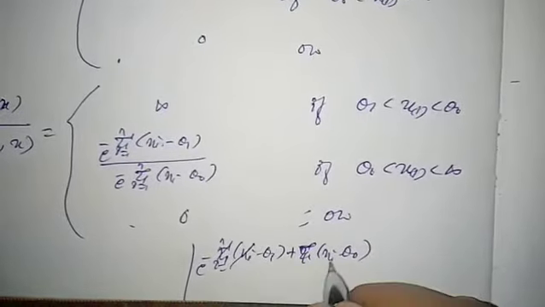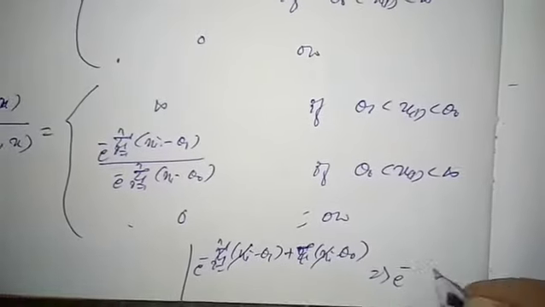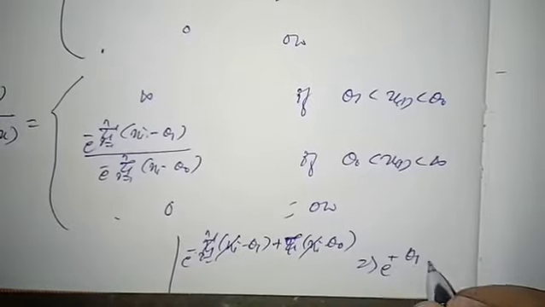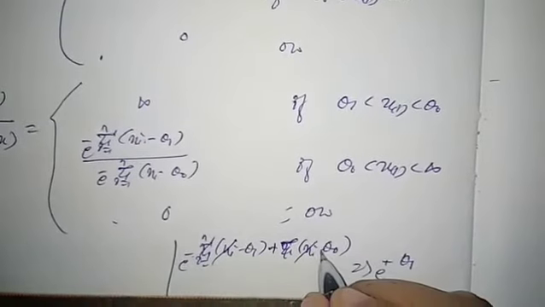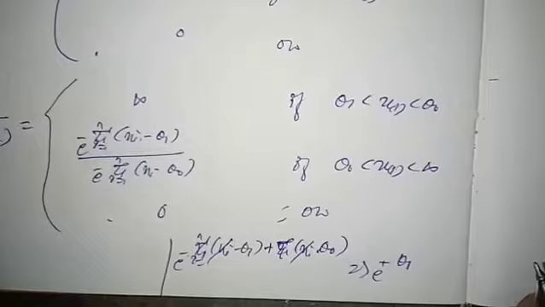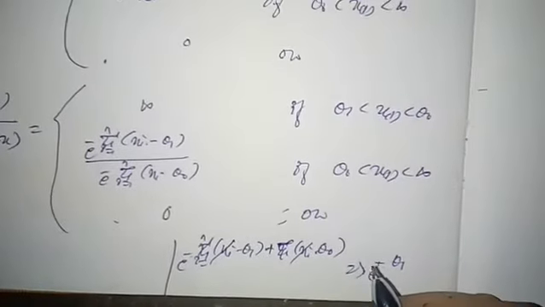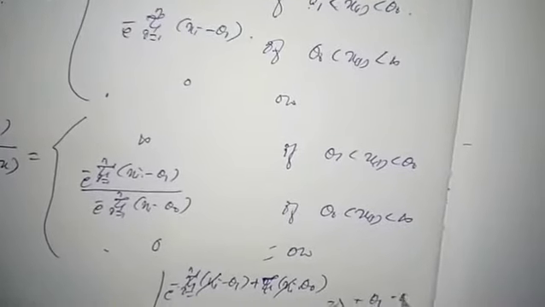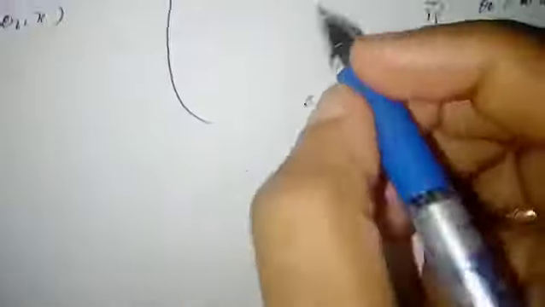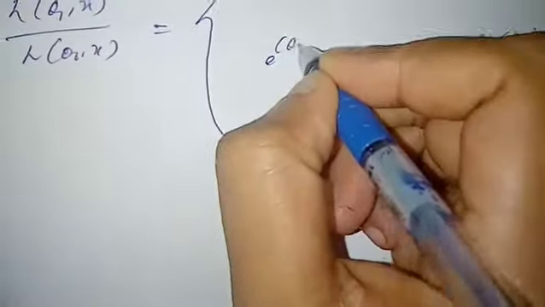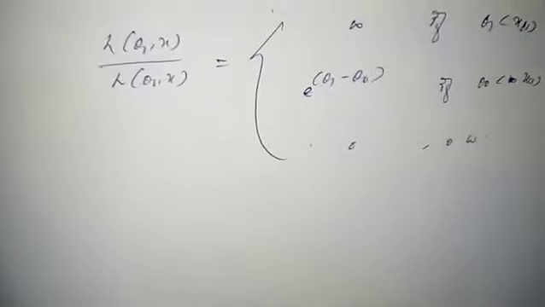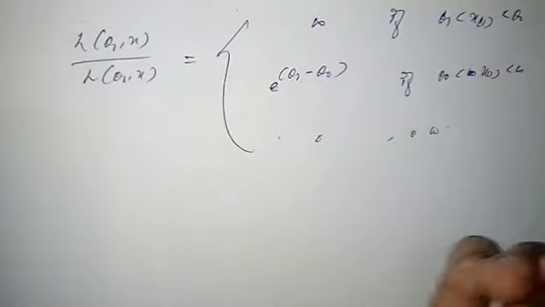Then these terms get cancelled, minus into minus gives plus, so we get plus nθ1 and minus nθ0, and you can write it as e^(n(θ1 − θ0)).